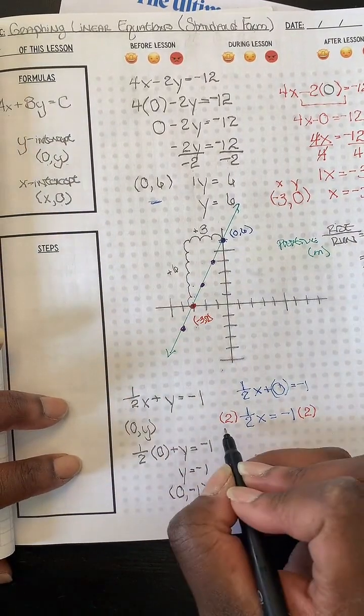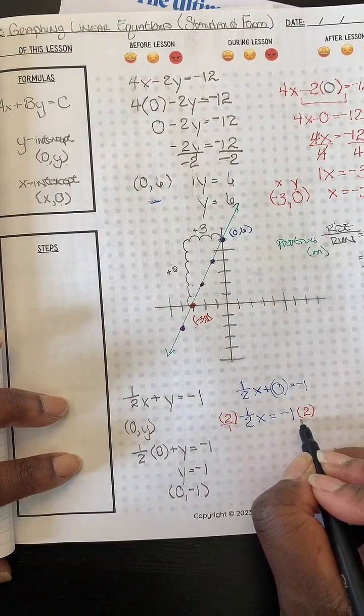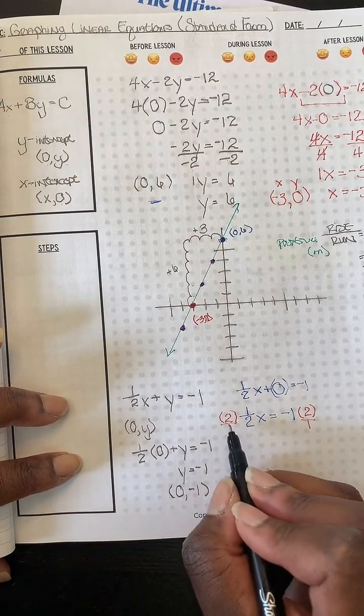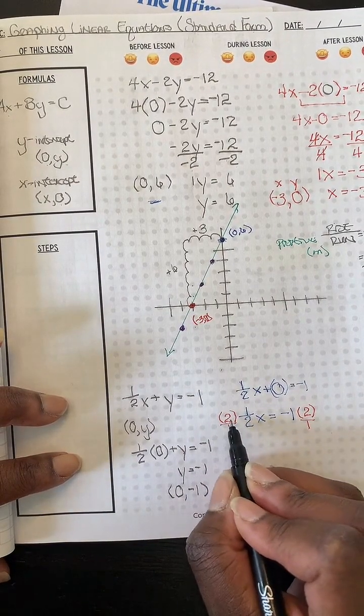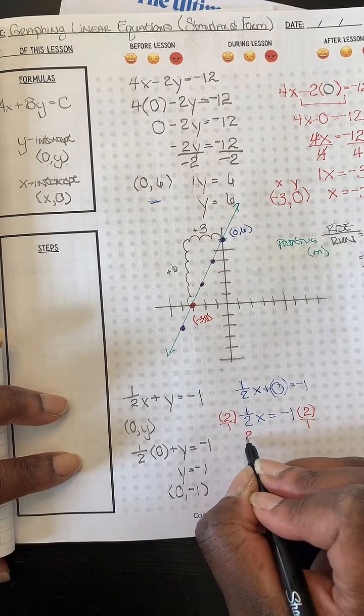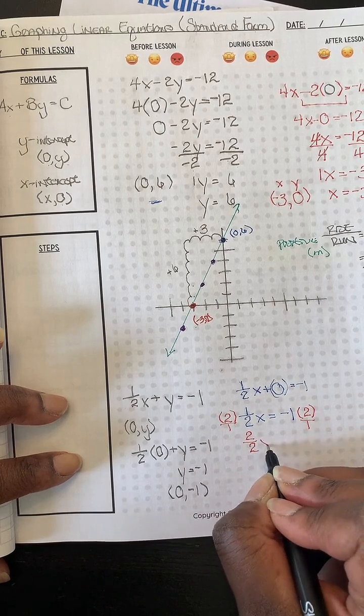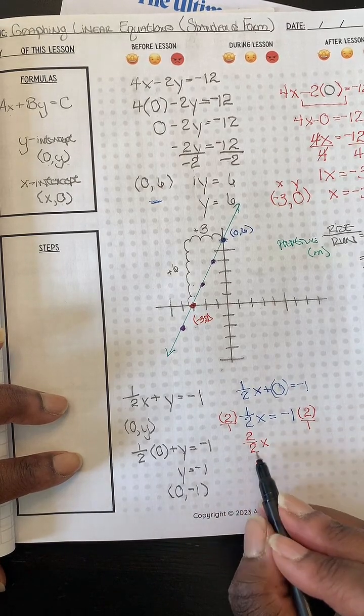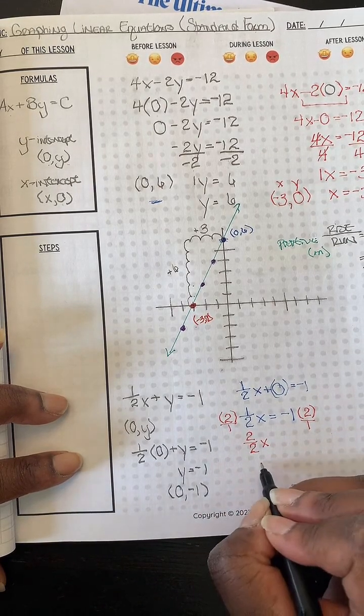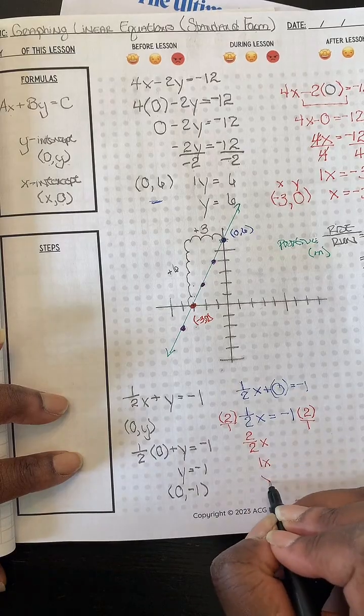So I like to do it this way, because now when I multiply 2 times 1, that gives me 2. And 1 times 2, that gives me 2. And now I got 2 divided by 2, which gives me 1x, or just x.